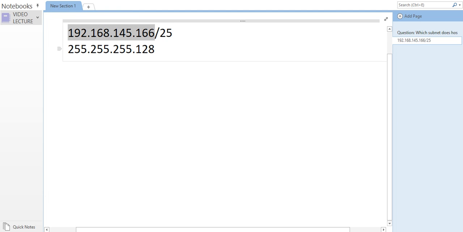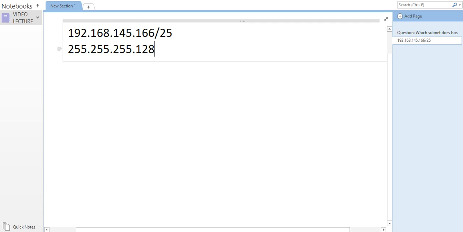Now, in order for you to solve this question, the simplest thing that you can do is put this whole IP address into binary and put all of these subnet masks into binary, because you have to convert. If I convert this CIDR 25, I have 255.255.255.128. That is the equivalent of CIDR 25 in its subnet mask format.